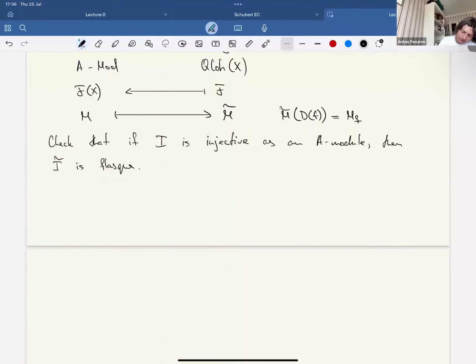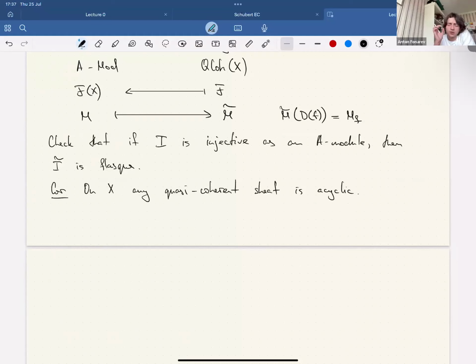So as a corollary, we have a lot of things. The corollary first is that on X, any quasi-coherent sheaf is acyclic. This is probably a good analogy with the following thing that happens in topology.